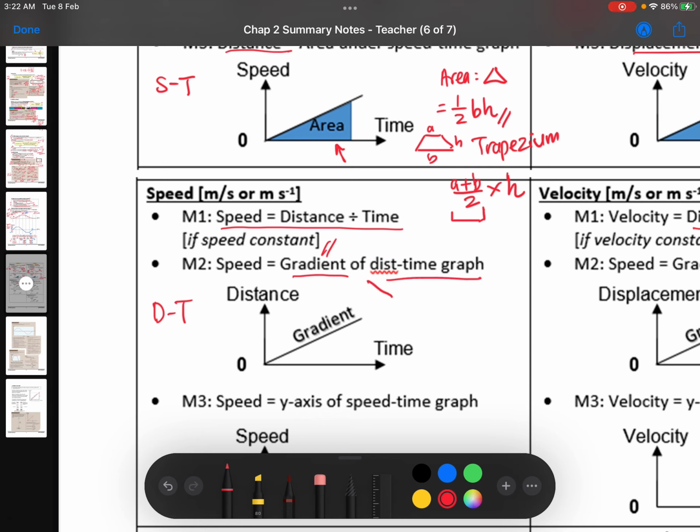Now, how do you calculate the gradient? It's very simple. Gradient will therefore be y2 minus y1 divided by x2 minus x1. In other words, you find 2 points and then you determine what is the rise over the run. Now this one is a math function.